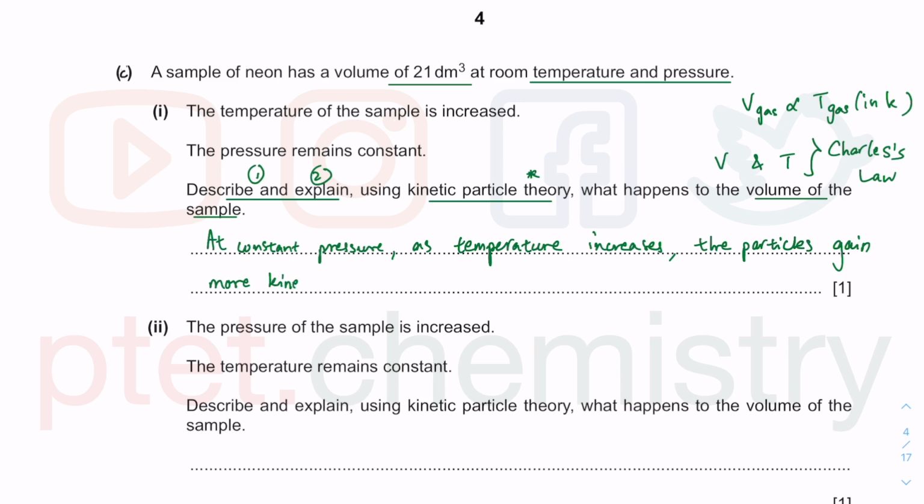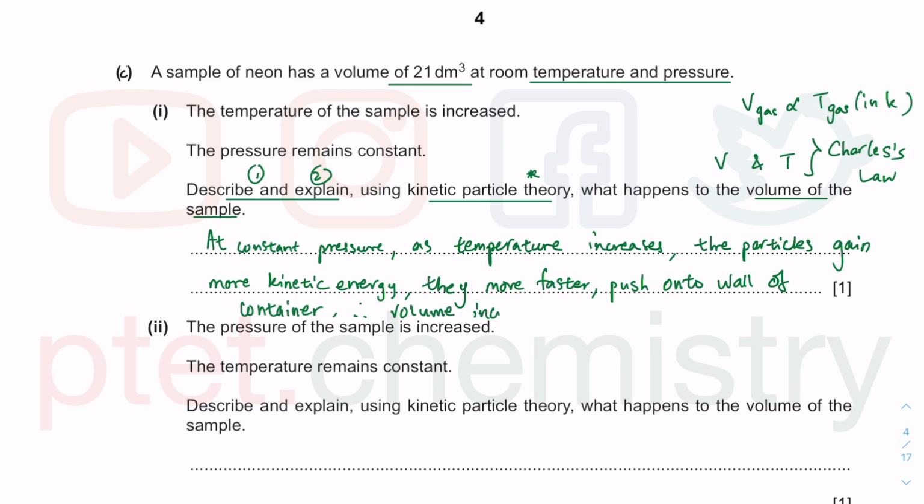And when they gain more kinetic energy, they move faster. So the particles move faster, they collide on the walls more often, and push onto the wall of the container more often. Like in the case of the balloon, the gas particles inside the balloon push outwards onto the balloon walls. Therefore, volume increases.